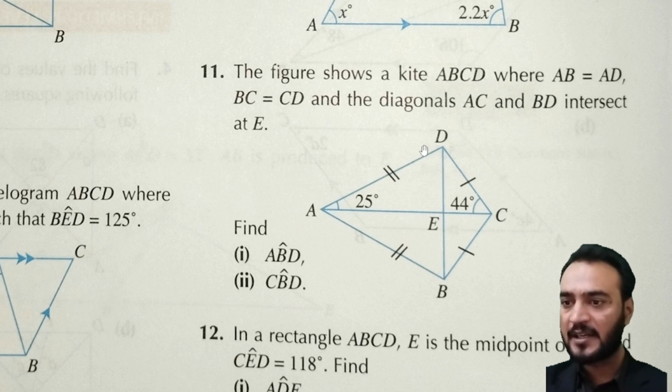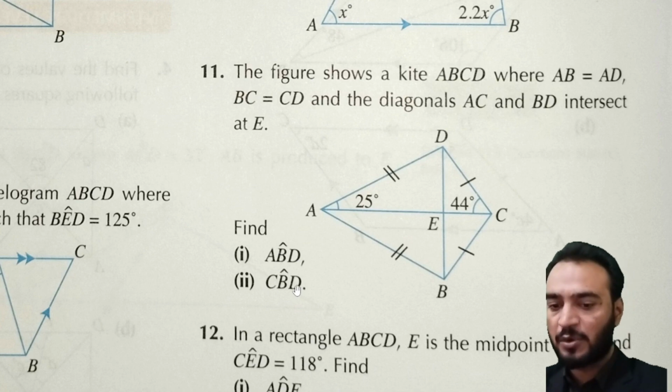So if the angle DAE is equal to 25 degrees, then the angle EAB is also equal to 25 degrees. And if the angle DCE is equal to 44 degrees, then the angle ECB is also 44 degrees. So using these properties, we can find these two angles ABD and CBD. So let us solve this question.